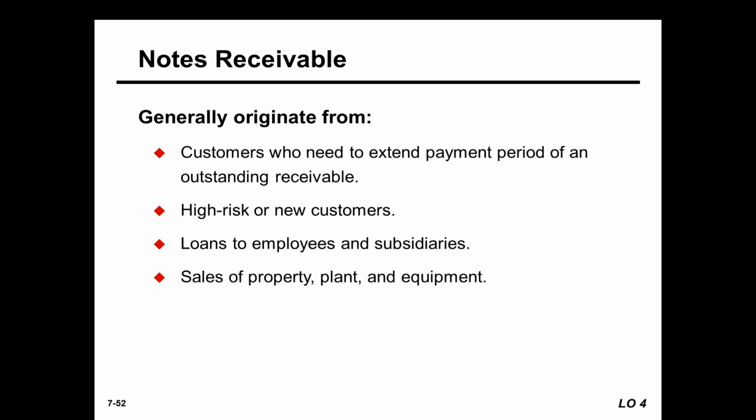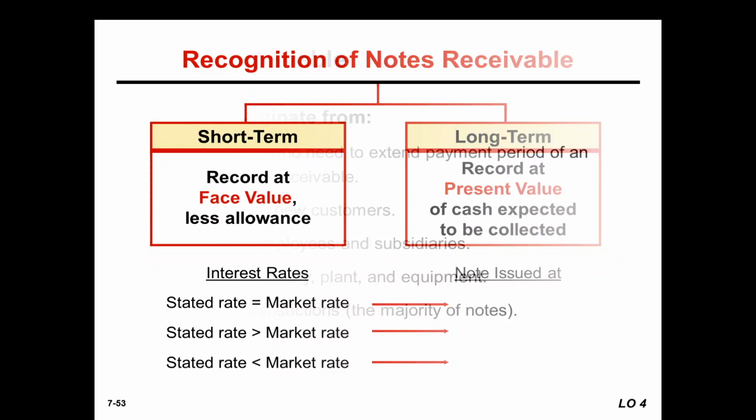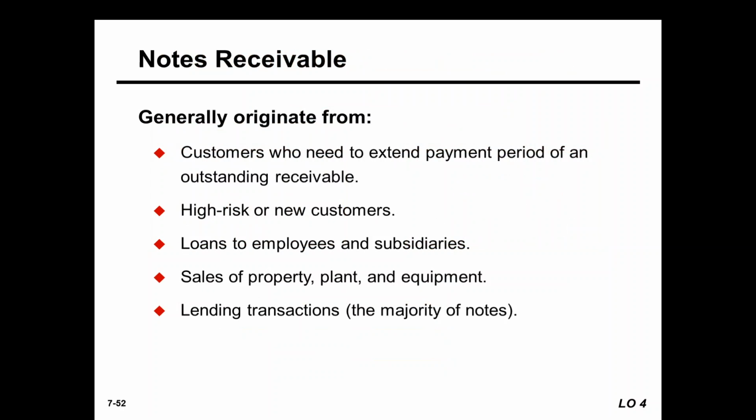Where does this notes receivable originate from? First, it is because the customer needs to extend their payment into some period in the future for a receivable that is still outstanding.